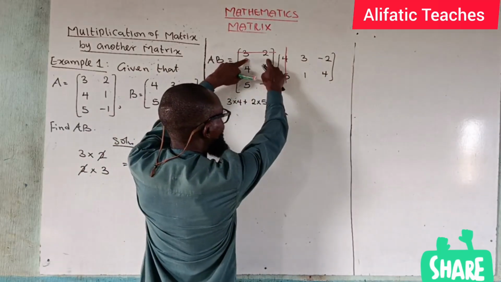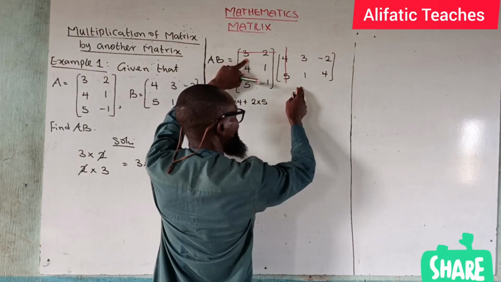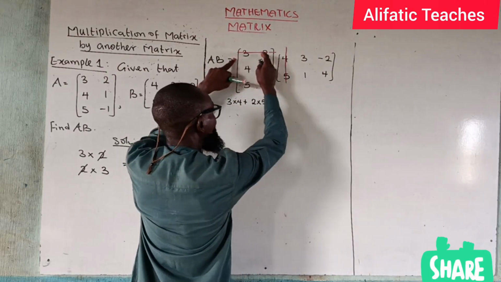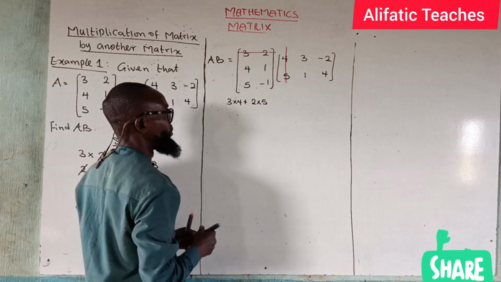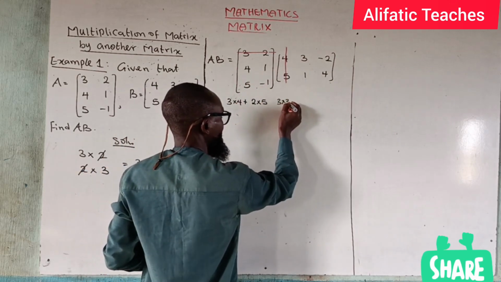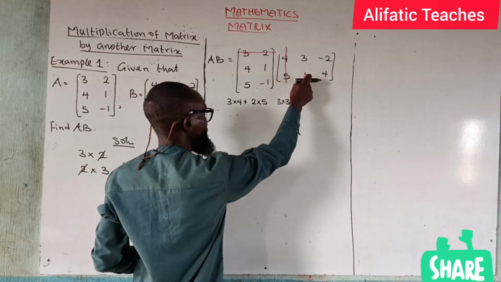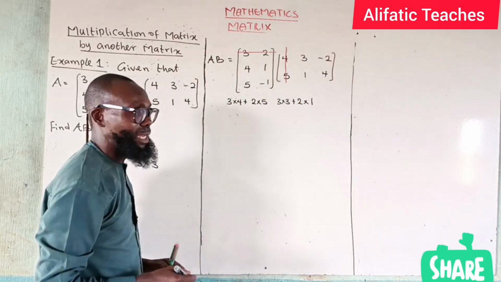Then these 2 elements in the row also, we multiply with the 2 elements in the second column. Meaning, first row, second column now. So, 3 times 3 plus 2 times 1. Are we there?